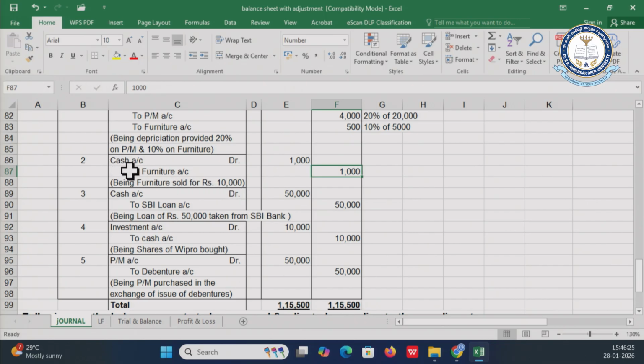When you are writing in the second line, it is implied that it is credited. When it is written in the second line, leaving two letter space, that is a credited amount. That's a credit transaction. Cash debit, furniture credit. Now this I have already discussed.